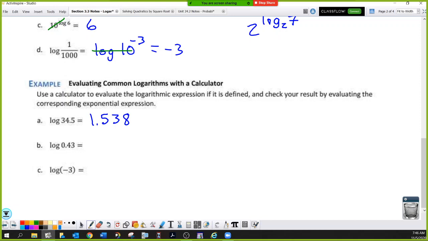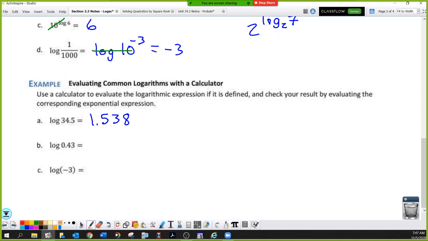So for the next one, log of 0.43. Without looking at my paper, you see I'm not looking at my paper, and you guys are the first people that I've said this to today. Log of 0.43. Well, here's what I know. 0.43 is less than 1. 10 to the 0 would have been 1. I know this thing has a negative value. In fact, because it's bigger than 1/10, I know I'm dealing with a number between 0 and -1.